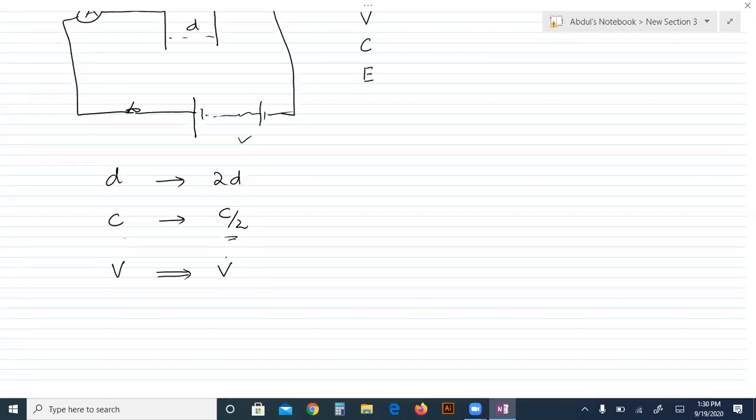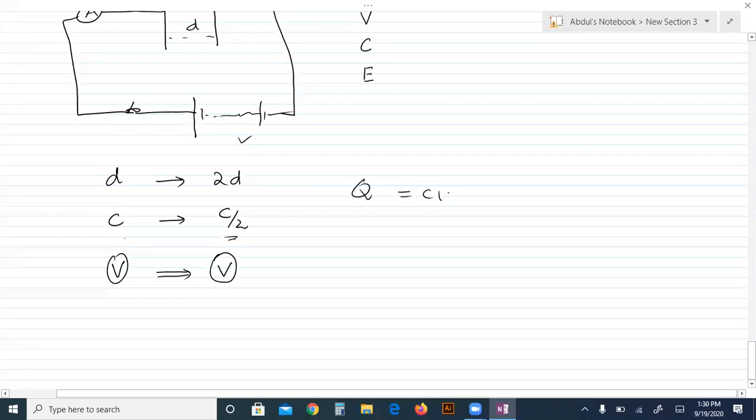After the increase in D, after some time, the potential of the capacitor and the battery becomes the same. So V stays the same, and Q is equal to CV.